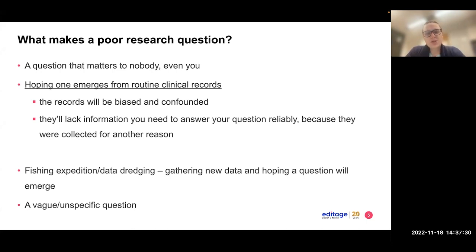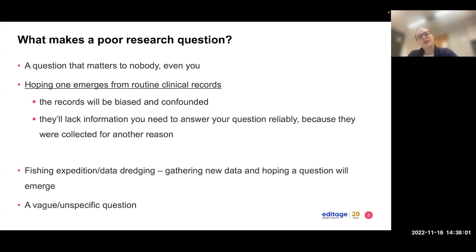And also, records lack information you need to answer your question for reliable answers. And because they were collected for another reason, they don't give you the answers that you want. So it's quite difficult to make a good research question from retrospective clinical routine data. You can, but it's difficult and it won't bring you a really good study.